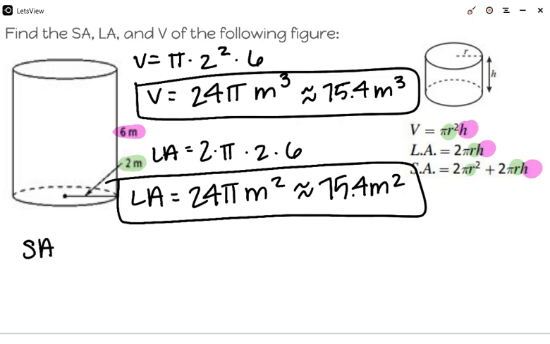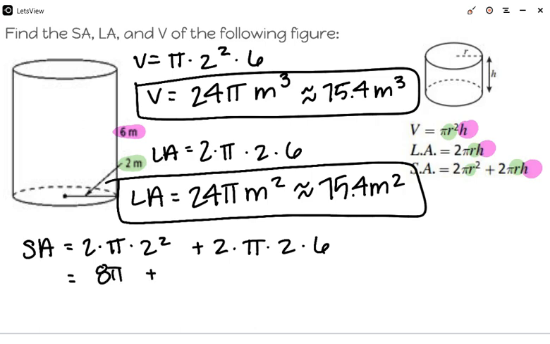Last one, surface area. 2 times pi times our radius squared plus 2 times pi times our radius times our height, okay? I'm just going to break this down. Just multiply these numbers. 2 times 2 squared gives us 8 pi plus 2 times 2 times 6 gives us 24 pi.